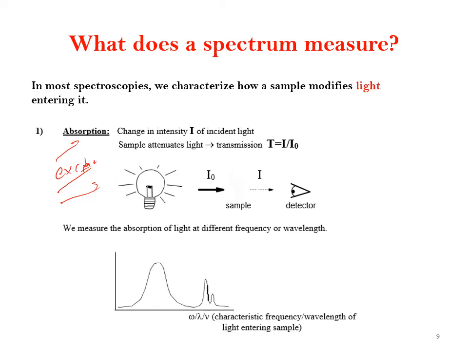A change in intensity of the incident light will be measured. The sample attenuates light, and the transmission T can be represented as the ratio of transmitted light intensity divided by incident light intensity. We measure the absorption of light at different frequencies or wavelengths, because every molecule has its own absorption frequency.